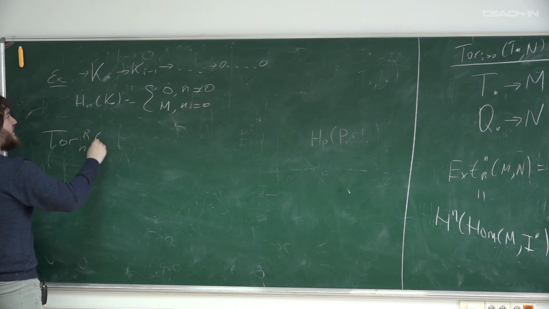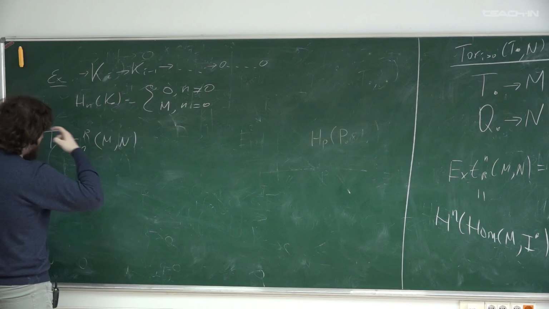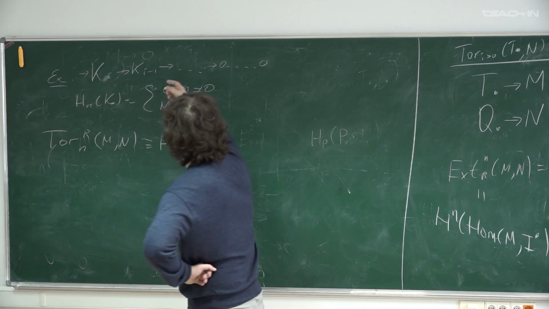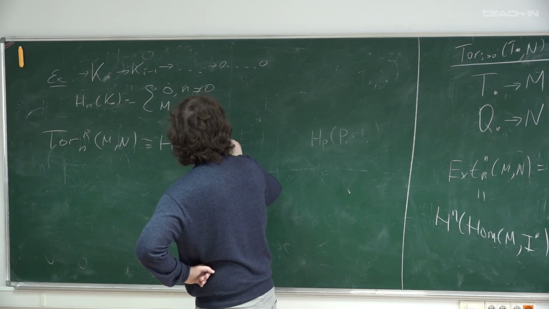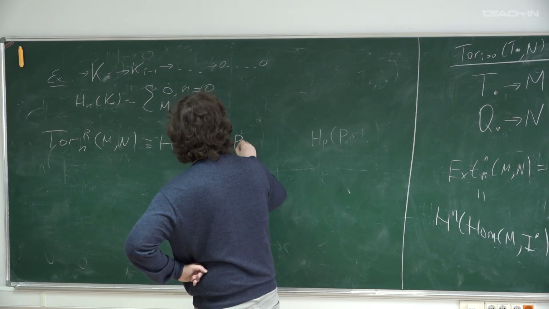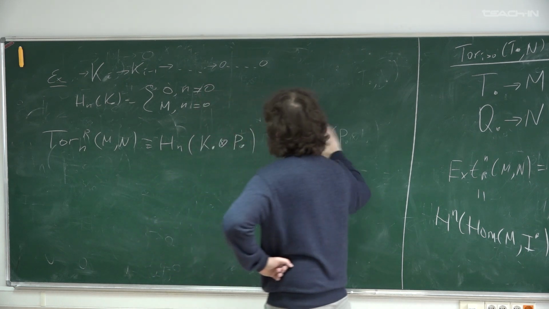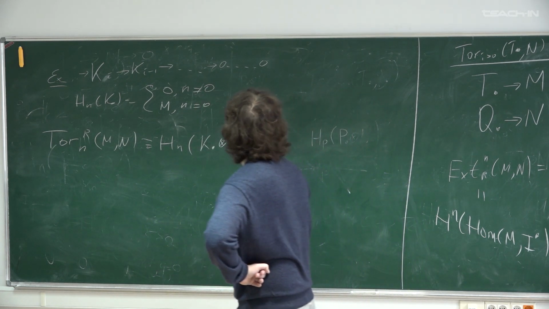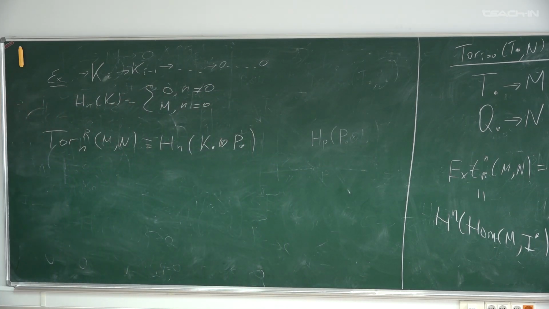Tor between M and N can be calculated as the homology of the complex, the tensor product of this complex and some projective resolution of N. It's a more or less easy exercise. Of course, maybe you cannot use this to just tensor with N, but if you tensor with a projective resolution, then it works.